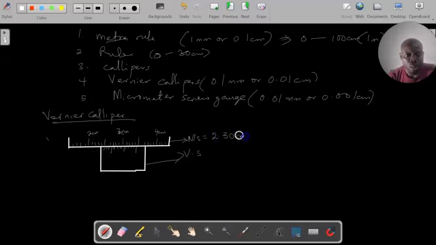2.30 centimeter. While your vernier scale, how do you determine your vernier scale? Your vernier scale is where the calibration on the vernier scale aligns with the calibration of main scale. That is what will be your reading for vernier scale.